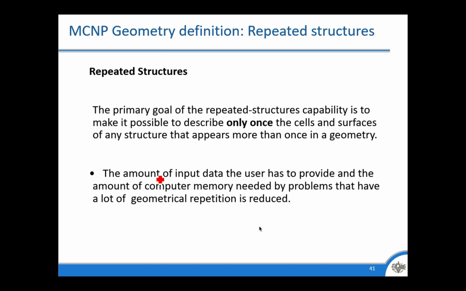So there is a possibility in MCNP, which is what we call repeated structure. Repeated structure means that I will create one element at a certain position, and I will duplicate this element with a certain periodicity. So I have to define the element, my basis, and I have to define the periodicity of the reproduction of this element.